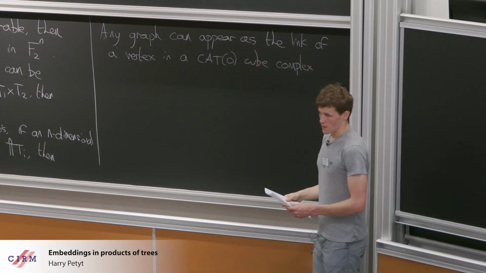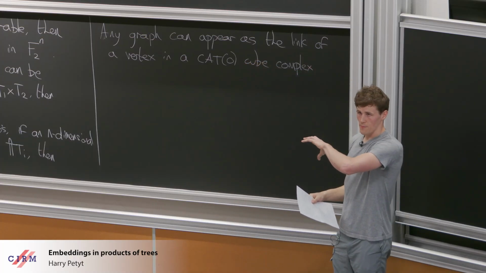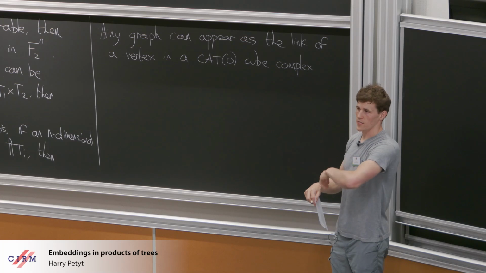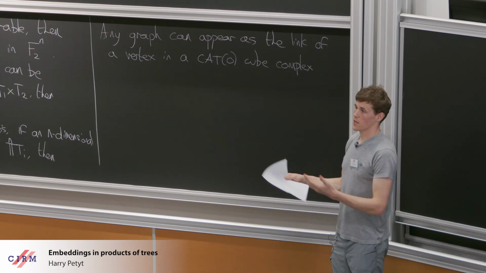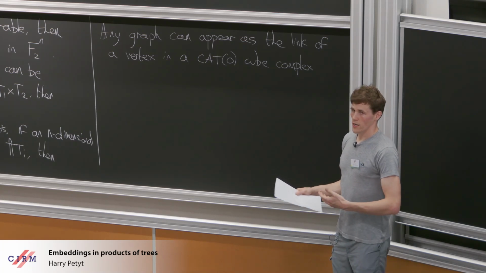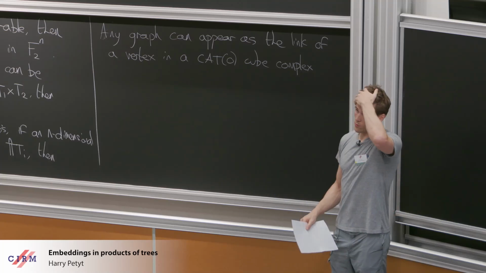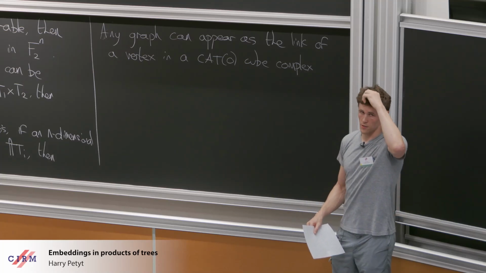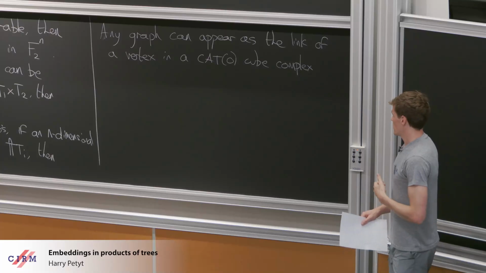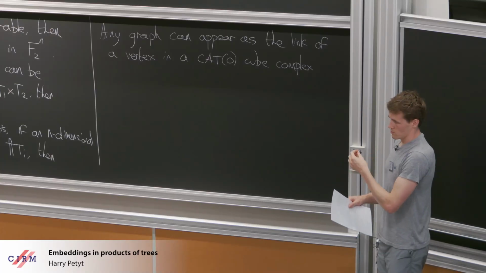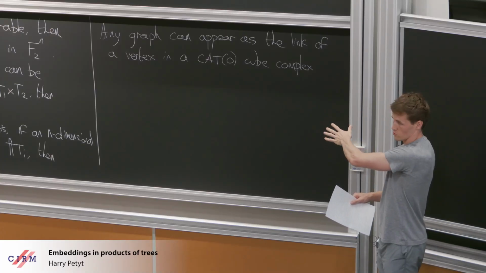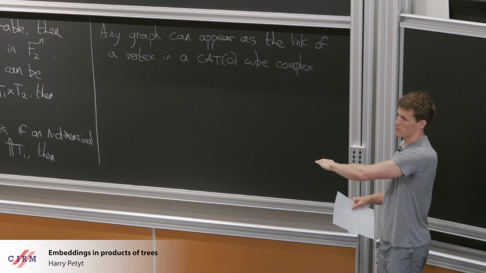But the way that I did that, by making it appear as a link, if I take a graph that requires many colors, well, that graph has to have many vertices. So this CAT(0) cube complex that is appearing as the link of a vertex is not, well, the easiest way of doing this would be, not even locally finite.